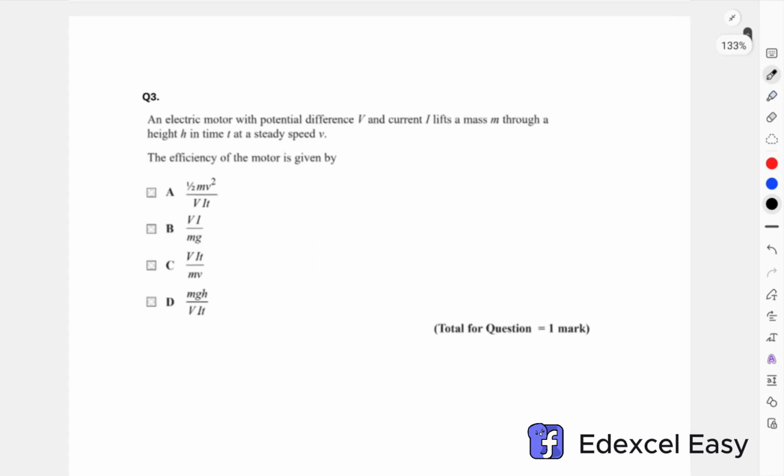In this question, it says that an electric motor with potential difference V and current I lifts a mass M through a height h in time t seconds at a steady speed v. The efficiency of the motor is given by. Okay, let's see a visual representation for this entire scenario.